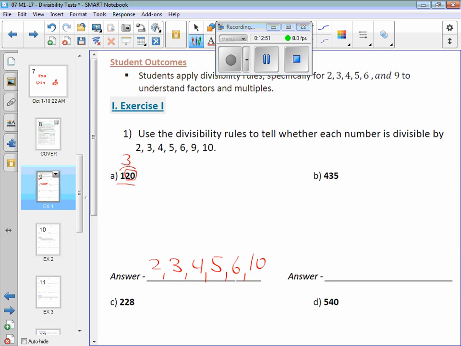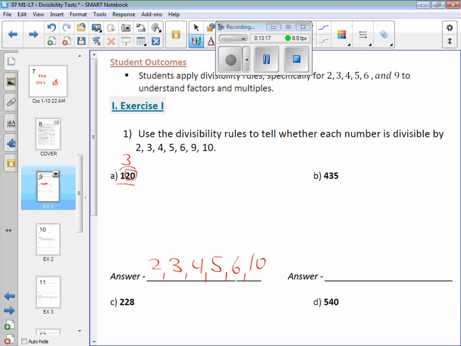It won't work for 9 because 9 can't go into 3. 9 can only go into 9 or 18 or 27 and so forth, or 36. The rule for 5 is it's got to end in a 0 or 5. You know what? I'll come and talk to you after I go through it.